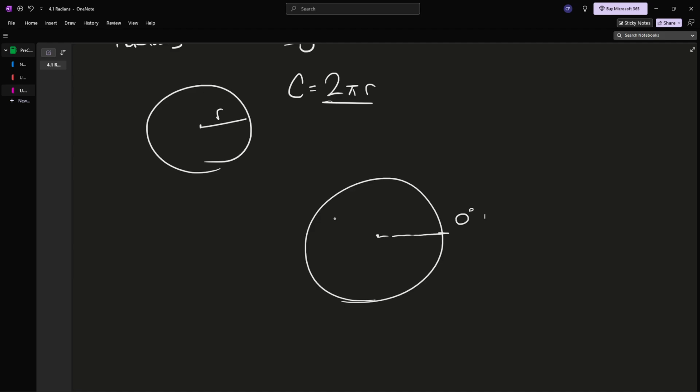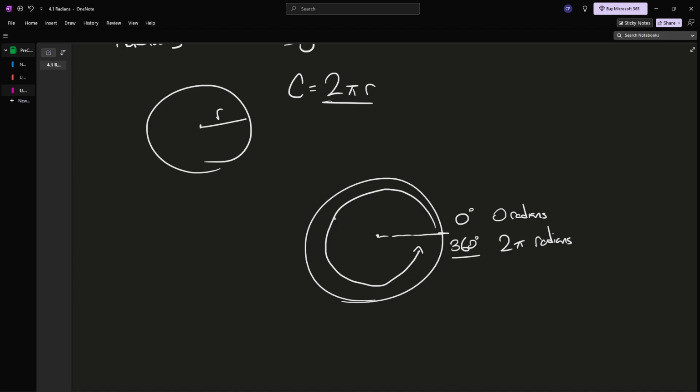It's also 0 radians, like there's no angle. And if we go all the way around, a first full circle, that's 360 degrees, and that's also 2 pi radians, because it takes 2 pi radiuses to go fully around.